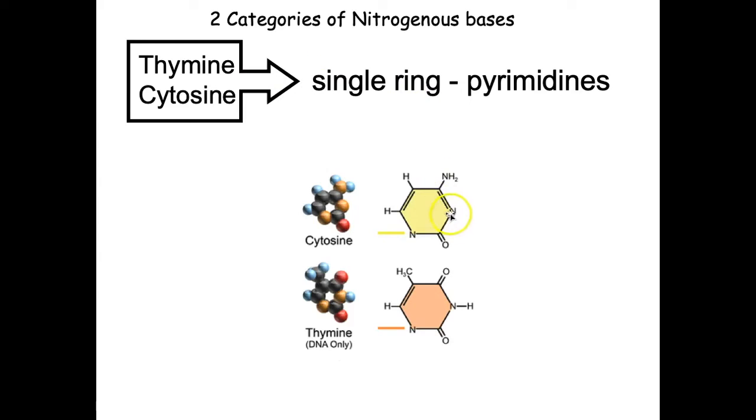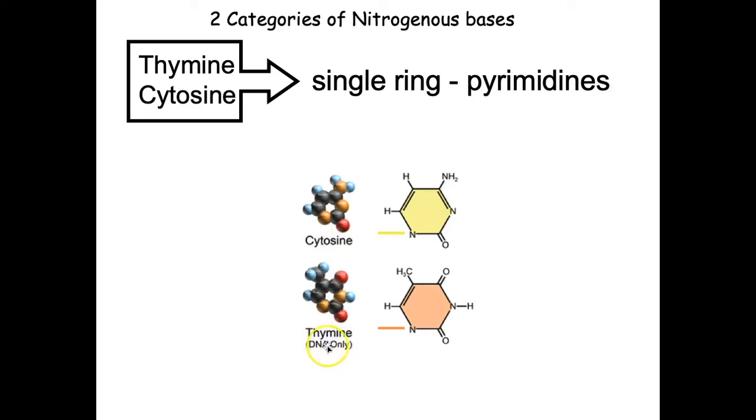You have nitrogenous bases that are made only of a single ring. Cytosine and thymine are single ring nitrogenous bases. And these single ring nitrogenous bases have a special fancy name. They are called pyrimidines. So single ring is a pyrimidine. And this is cytosine and thymine.